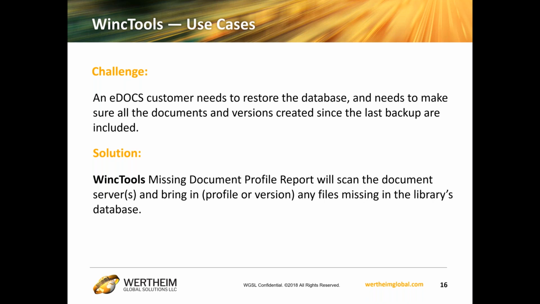We have a reverse scan from the missing and 0-byte file report called the missing document profile report, which scans every file with a valid extension that matches an application on the document server and makes sure that it has a profile in eDOCS. And if it doesn't, from the list, you can actually bring the document back in and reprofile it. So you can sync up a document server with a database that way.